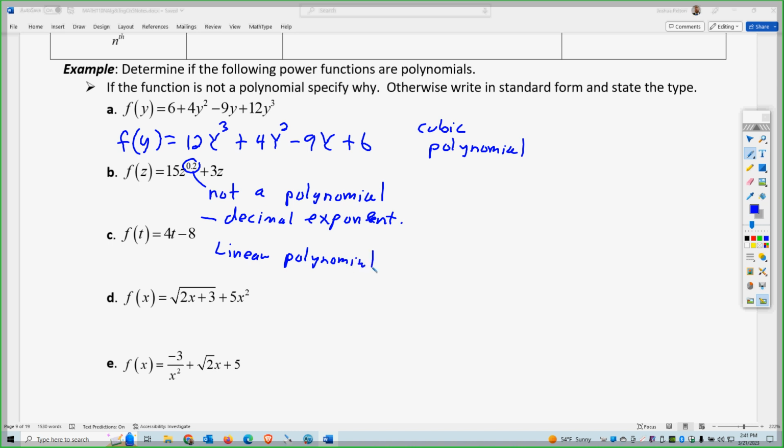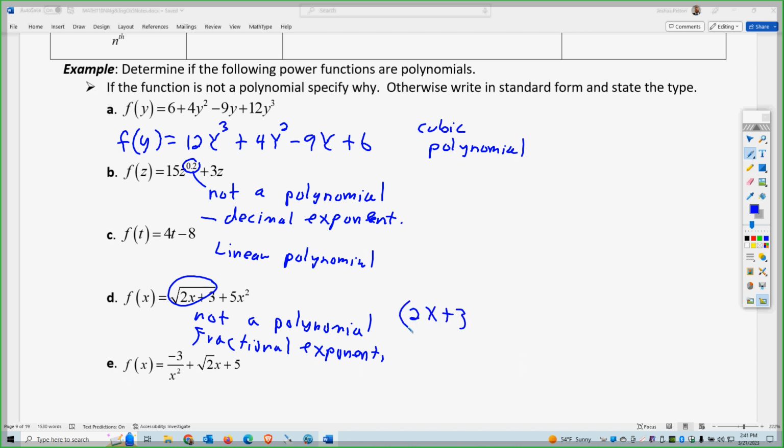So the next one is not a polynomial, right? We have a fractional exponent because we know that a square root is a half power, correct? So this is the same as saying 2x plus 3 to the half power. And fractions and decimals are not polynomials.